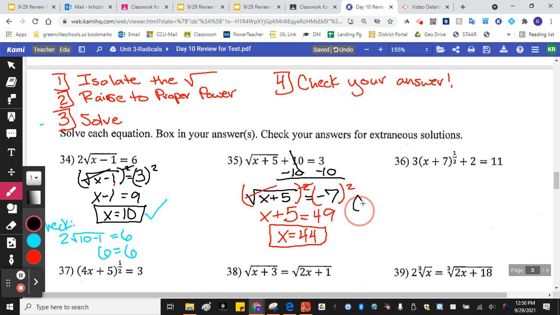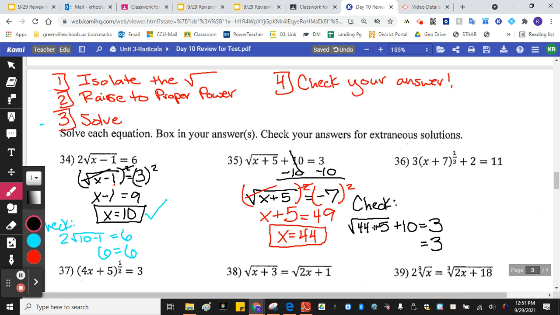Check your answer. Go back and plug in your answer. Make sure the left side equals the right side. 44 plus 5 is 49.